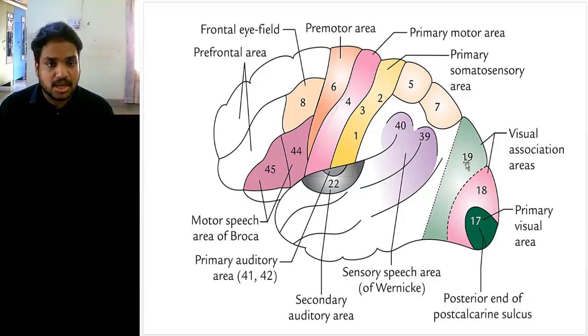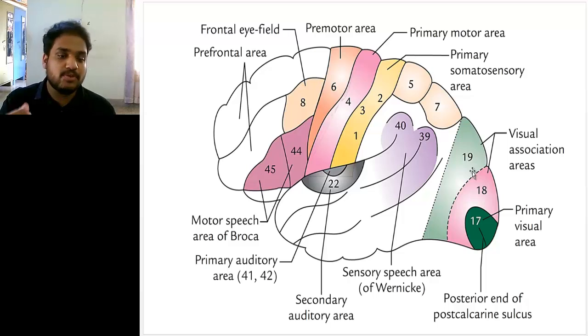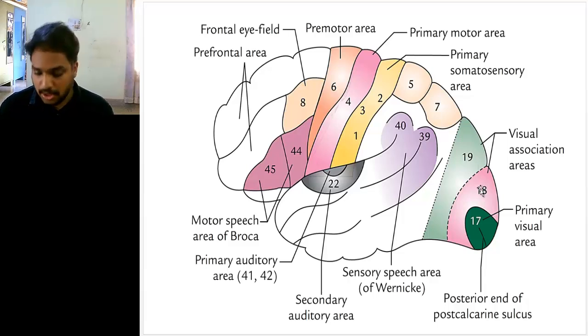A lesion in this area causes visual agnosia, that is the inability to recognize visual objects despite having intact primary vision. For example, if you show him a pen or a cup, he is not able to recognize it. That is called visual agnosia because there is a lesion in the visual association area.